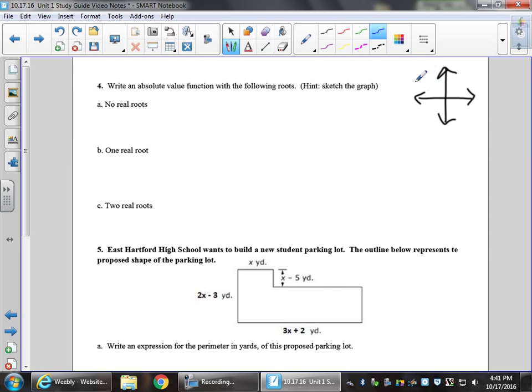So I'm just going to go with the first option I said, where I want it to be shifted up and opening up. Well, let's first talk about opening up. That's going to be a function with a positive a value, whatever you want it to be. This is just a rough sketch here. So a positive a value. Whether or not it's shifted left or right, it does not matter.